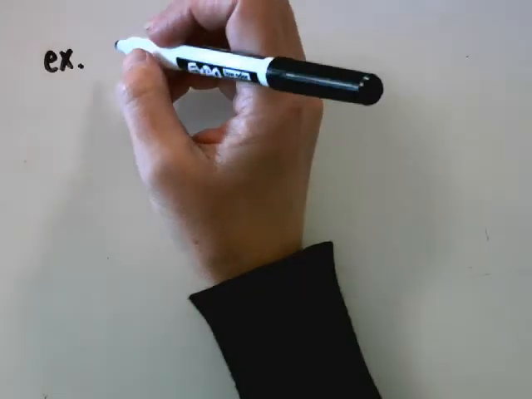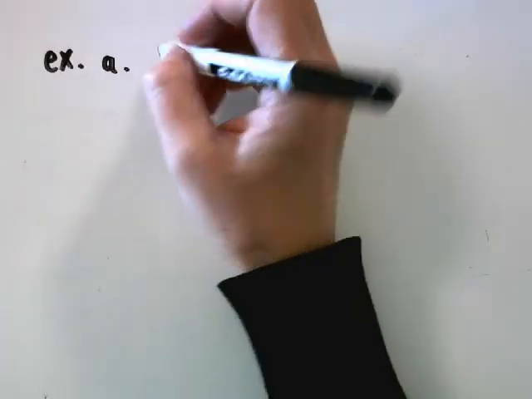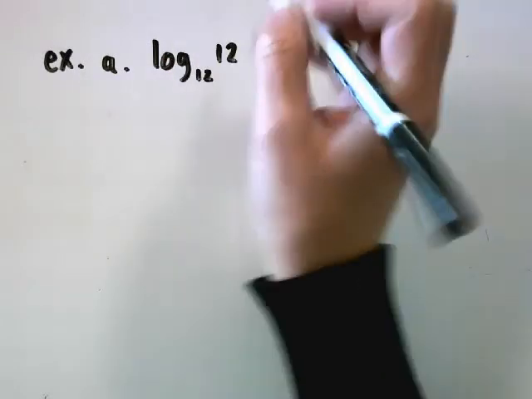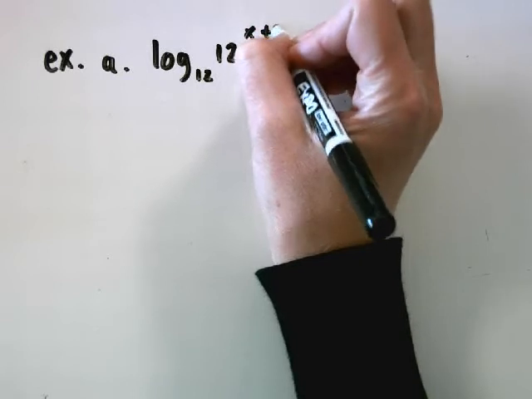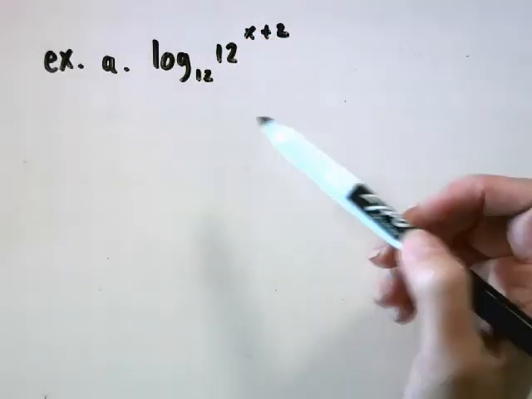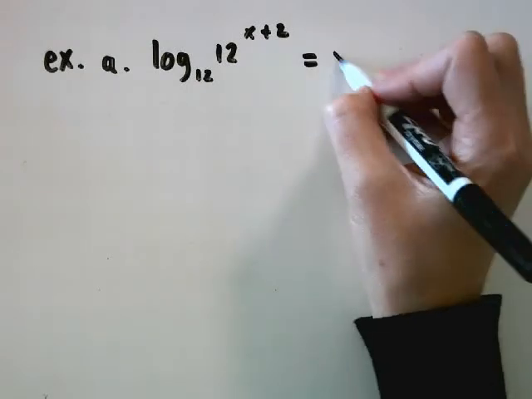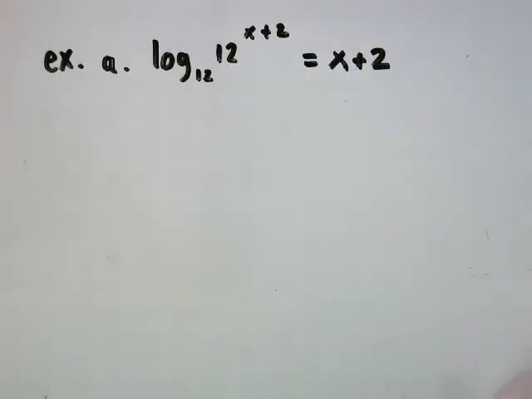So we're going to do some quick examples. So let's say I have log base 12 of 12 to the x plus 2. The log base 12 of 12 cancels each other out, so this is just x plus 2.